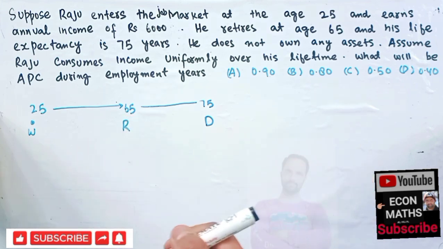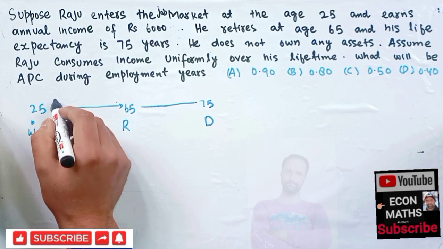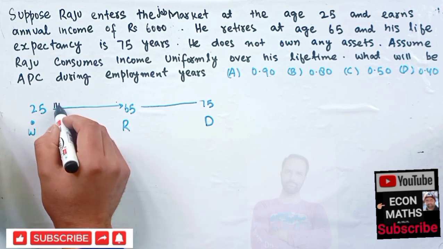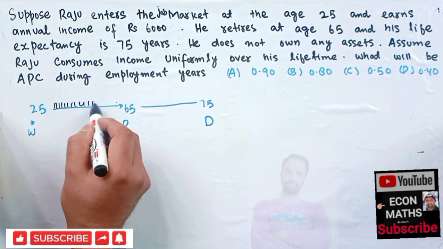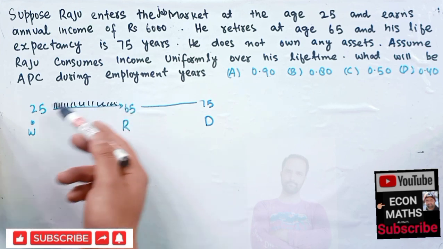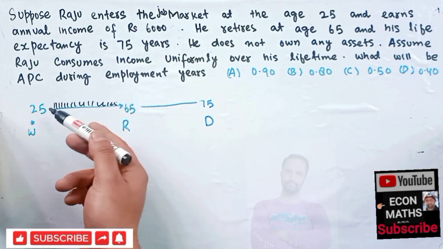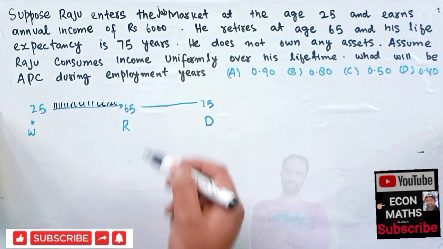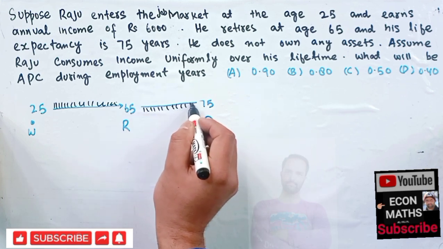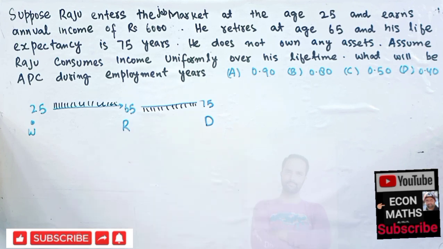Okay, here you can see he is only earning in this period from working to retirement. This is what we call the income, where the income is generated, and in this period he will also save, and here will be the dissavings. Okay, from retirement to the death he is not saving anything.